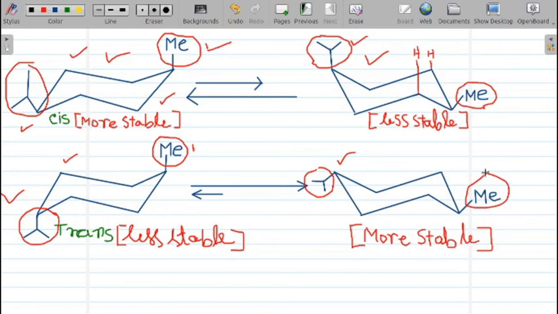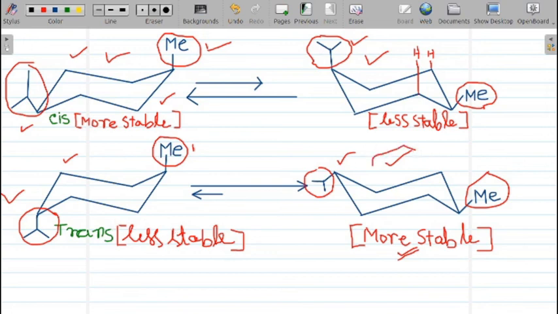So there will be no 1,3-diaxial interaction. So this conformer is more stable due to its lower steric strain.